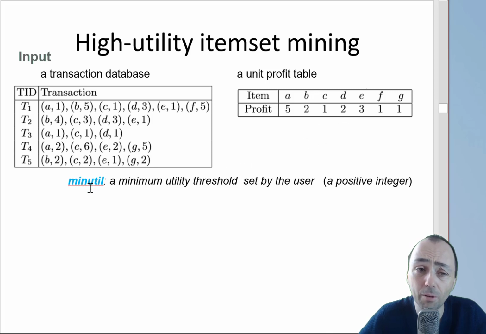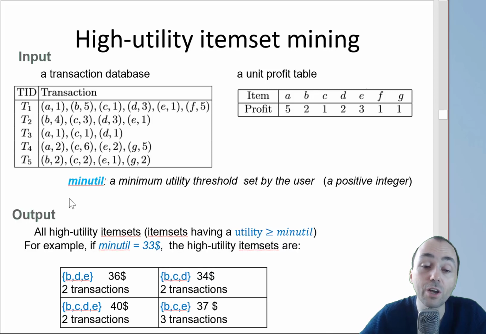Then in this problem, the user needs to set a parameter called the minimum utility. That means, for example, a minimum amount of money. Now the output will be all the high utility itemsets, the itemsets that make at least as much money as the minimum utility.